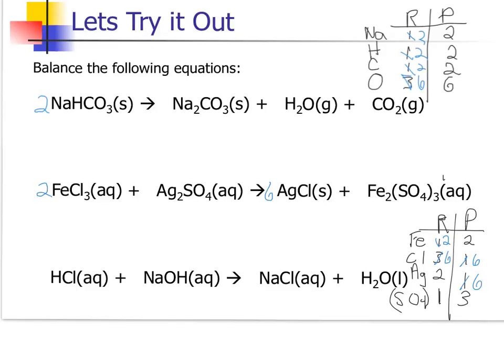Well, the only way to balance out my silver on both sides would be by 3, because 2 times 3 is 6. Well, that changes my silver to 3. Also, that ends up changing my sulfate to 3. So, lo and behold, my sulfate balances out. Yay! And everything is good.